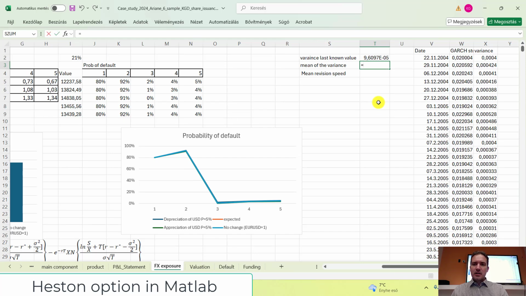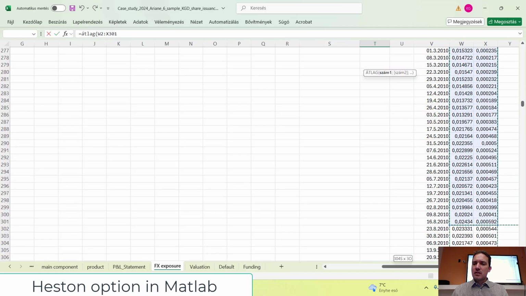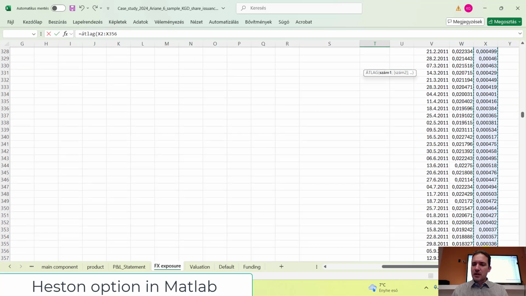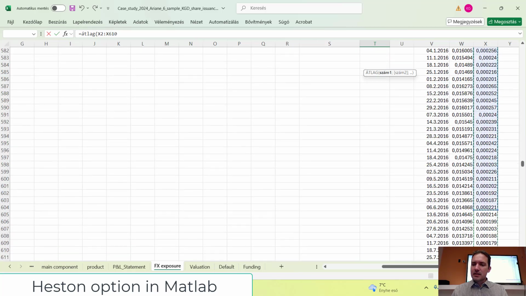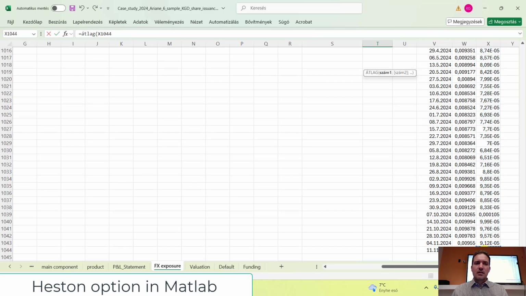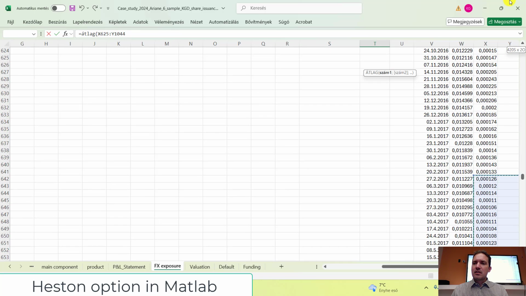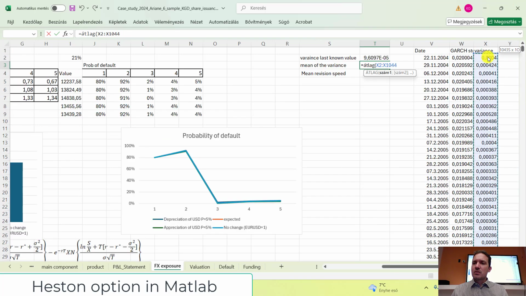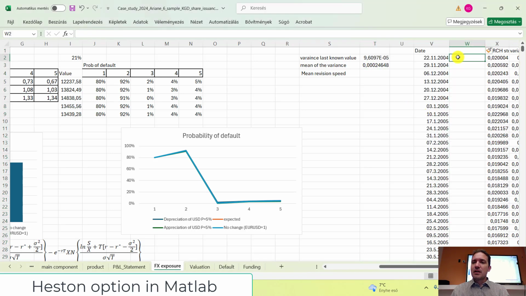Mean of the variance, we just have to use a mean function or average function or whatever is in Excel. So this is the long-term value, which is really close to the standard deviation or variance that we can calculate on the data.